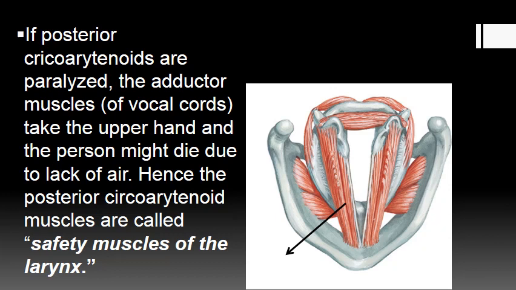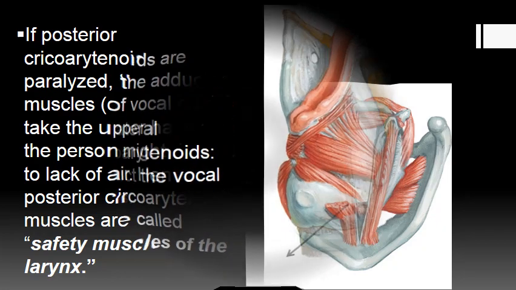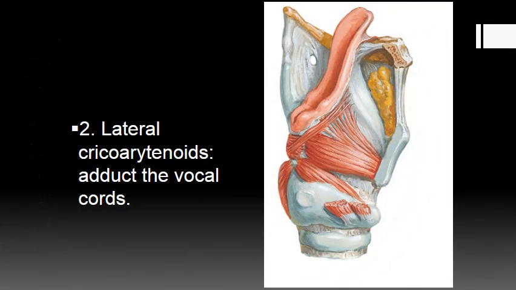Here you can see the vocal process and the vocalis muscles. The lateral cricoarytenoid muscles are adductor muscles. The posterior cricoarytenoid is the abductor, and the lateral cricoarytenoid is the adductor. The lateral cricoarytenoid muscle extends from the cricoid cartilage upwards and reaches the anterolateral surface of the arytenoid cartilage.